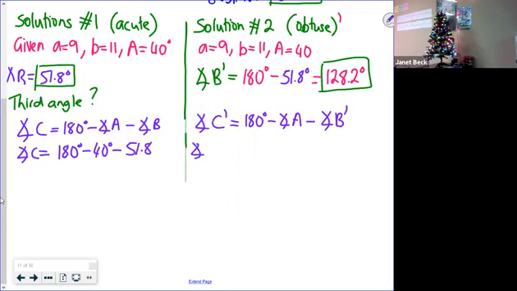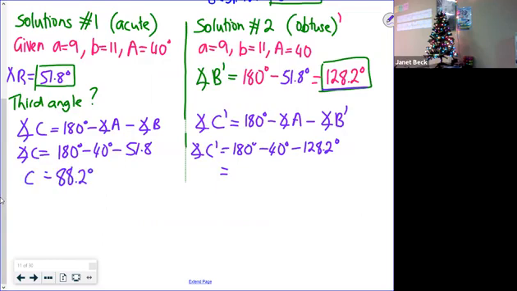And on this one, 180 degrees minus 40 degrees minus B prime, this one here. So work out what that is for both of your triangles. This one, it's 88.2 degrees.